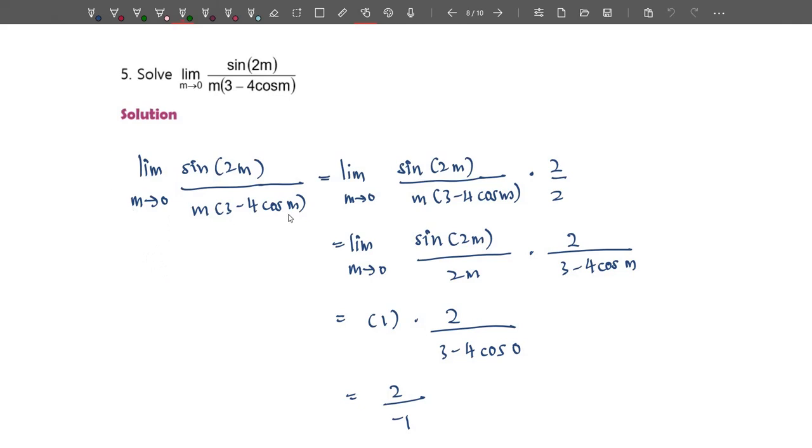So when you have this type of form, you need to remember that a divided by b times c is equal to a over b times 1 over c. It can be separate into these terms. Okay, these forms.